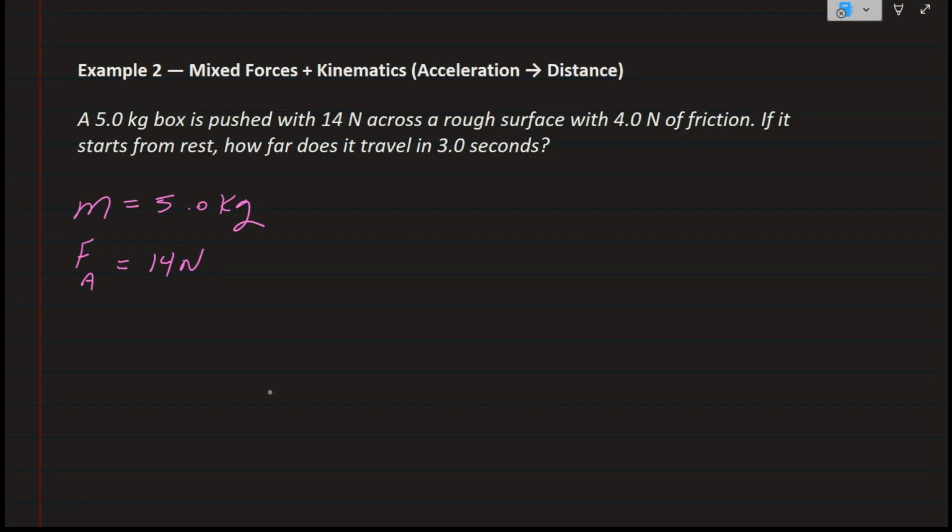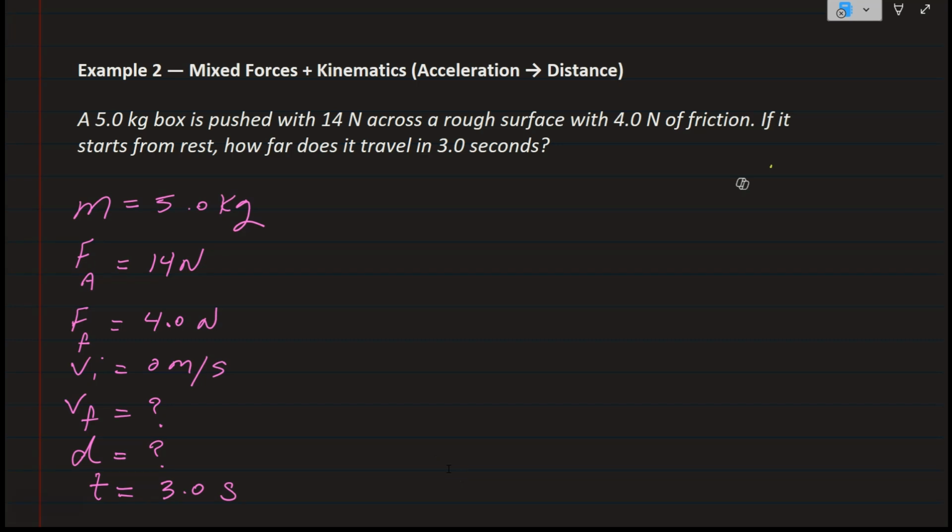The force of friction is 4.0 Newton. V initial is 0 meters per second, and V final we don't know. We want to know the distance, and the time is 3.0 seconds.